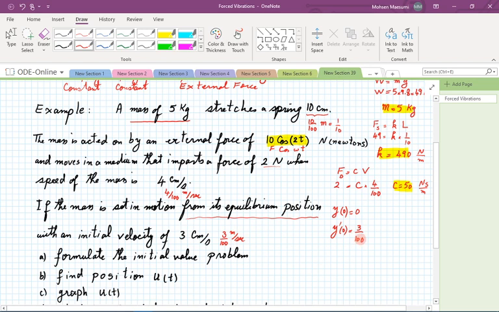Perhaps to make it clear, we have to express that it is set in motion in a downward direction. So to make it clear, let's say in a downward direction, because you can set it in motion either going up or going down. So here we are going to have the following.